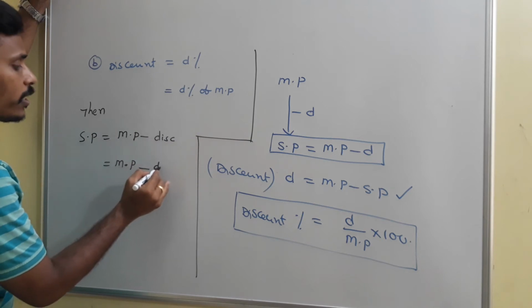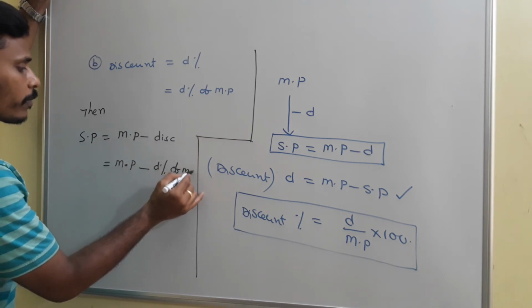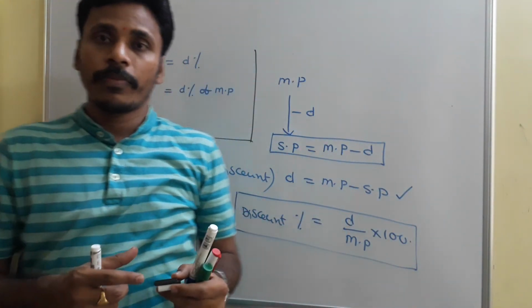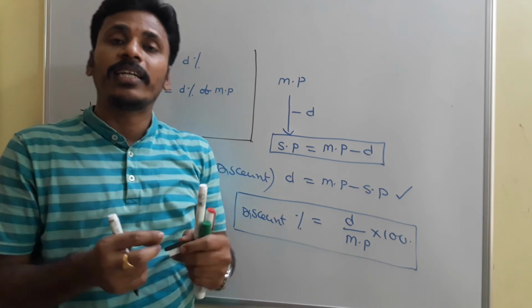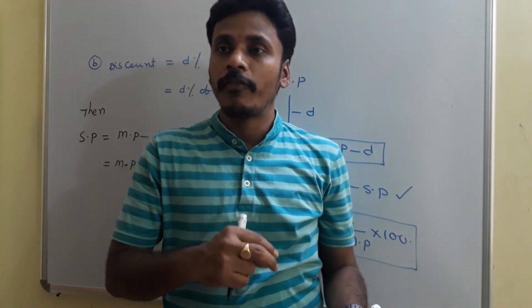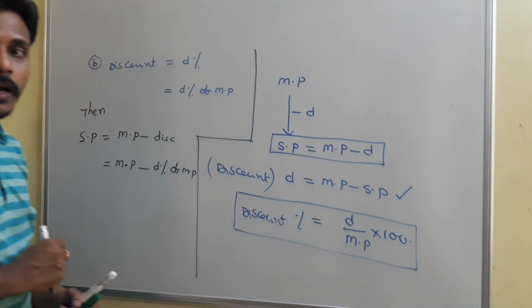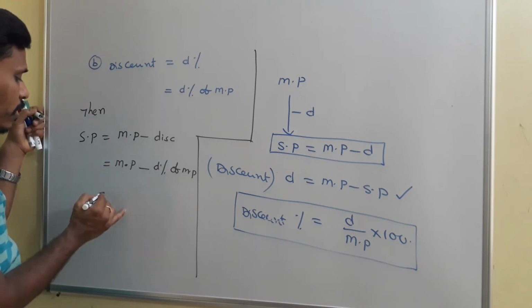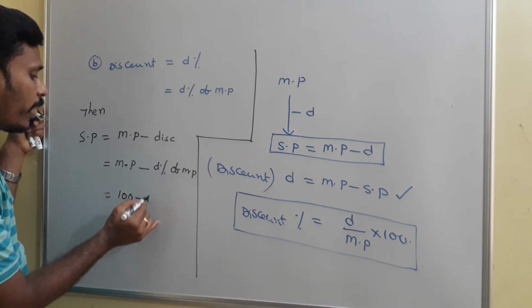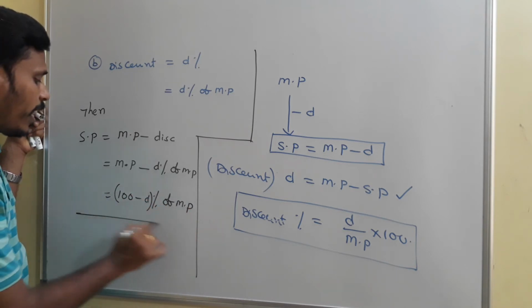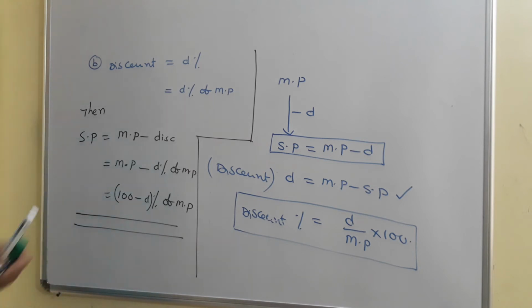The discount here is D% of market price. So market price minus D% of market price is equal to 100 minus D% of market price. So at the end, selling price is equal to 100 minus D% of market price.